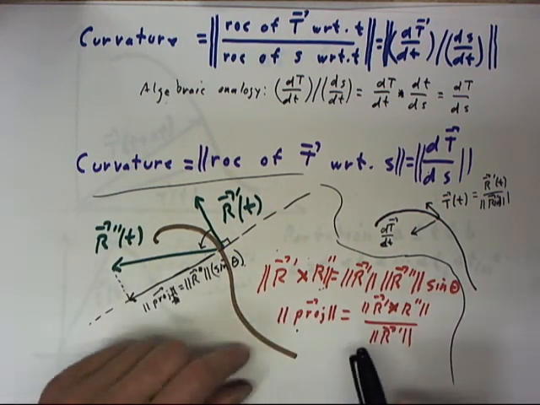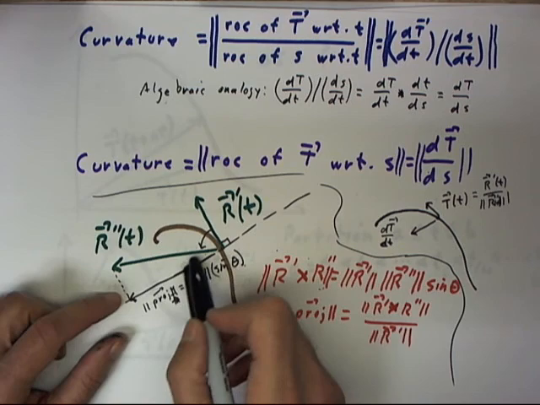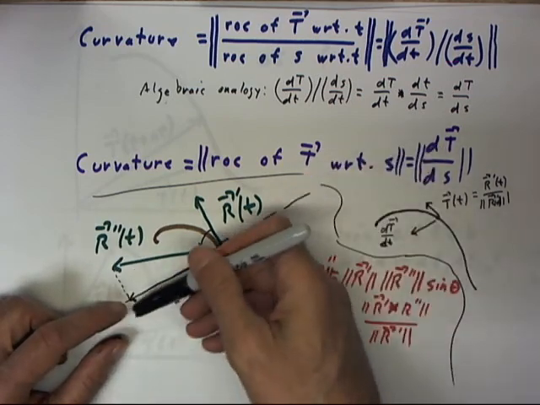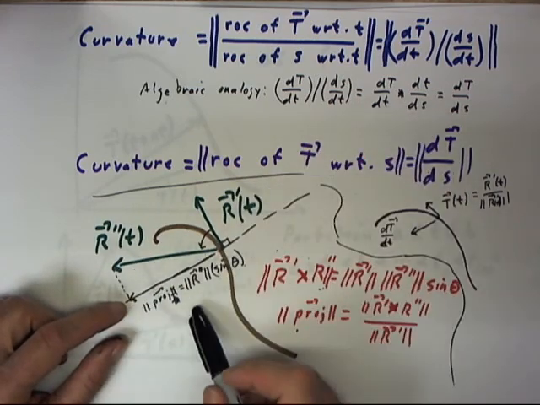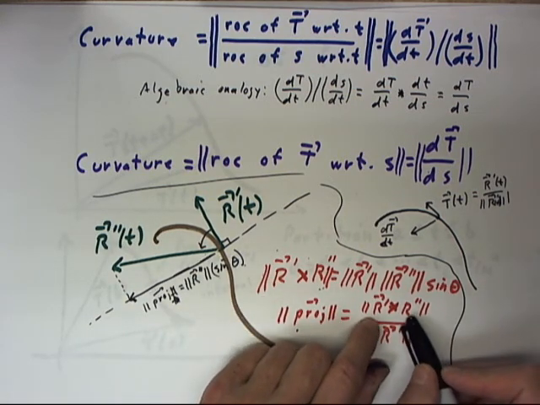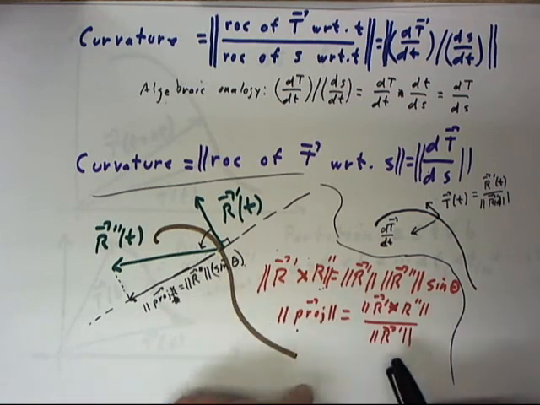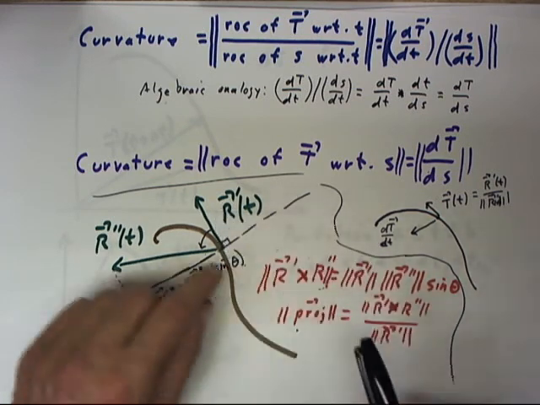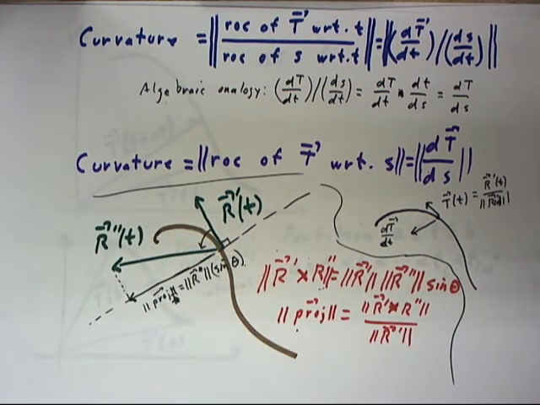Okay, so we've seen that the projection of the r double prime of t vector perpendicular to r prime of t has a magnitude that's equal to the magnitude of the cross product of these two vectors divided by the magnitude of this vector.